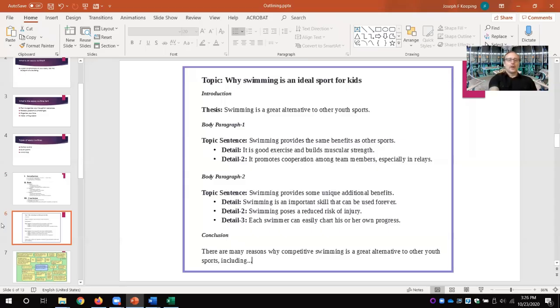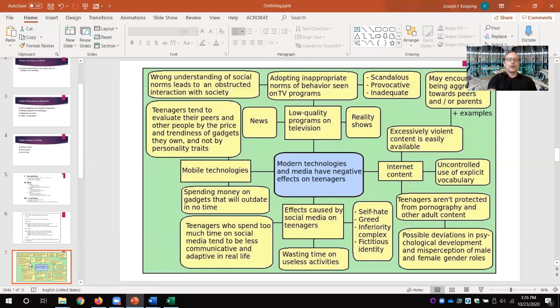A whole other way of doing an outline is called the mind map. With the mind map, you start off with a blank page, and then you write your thesis down in the middle of the page and put a circle around it.